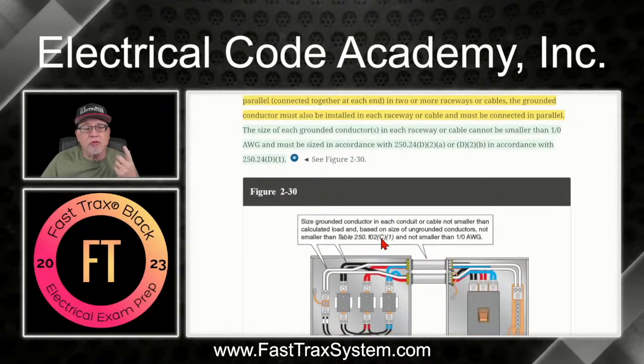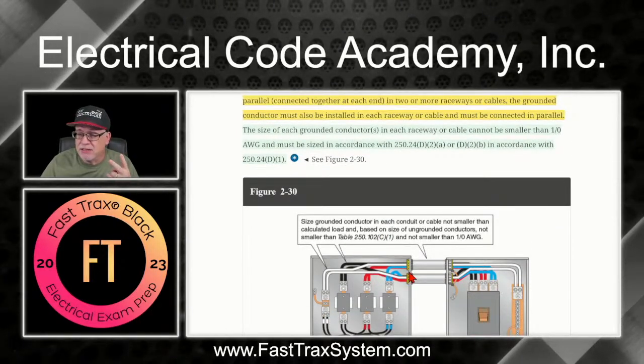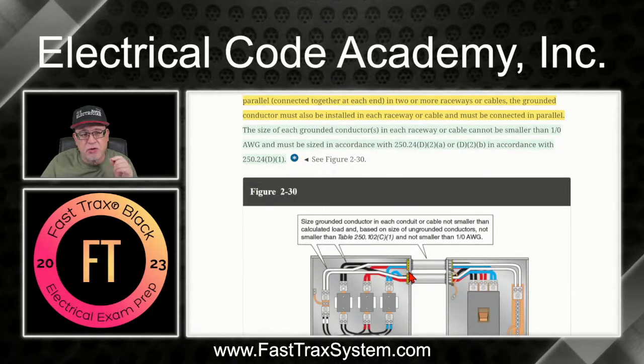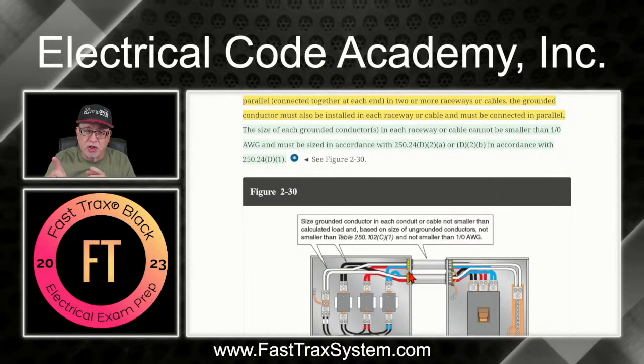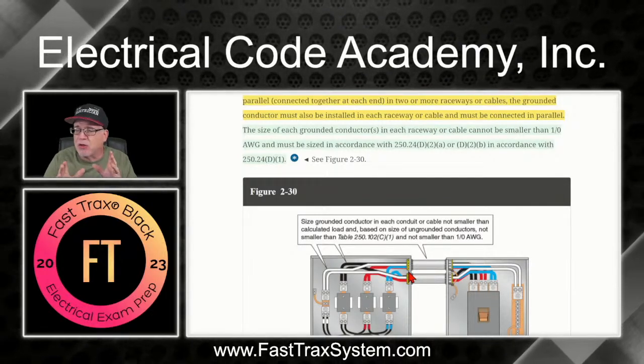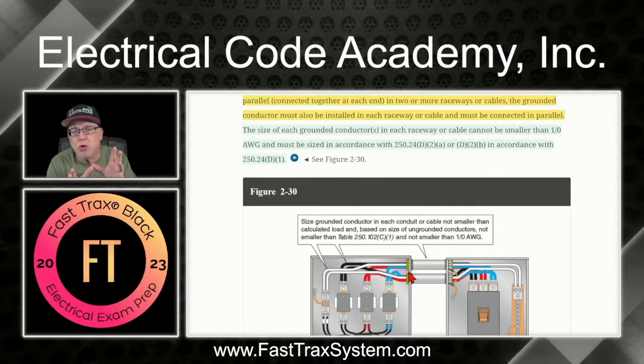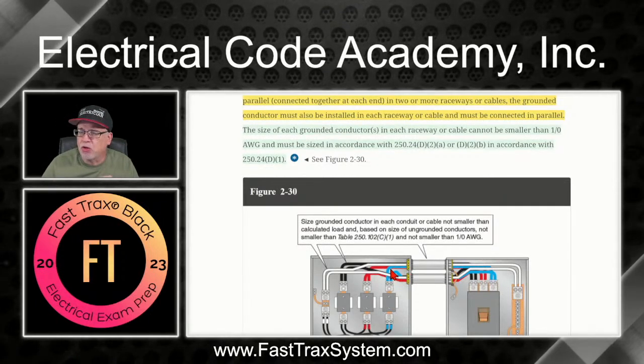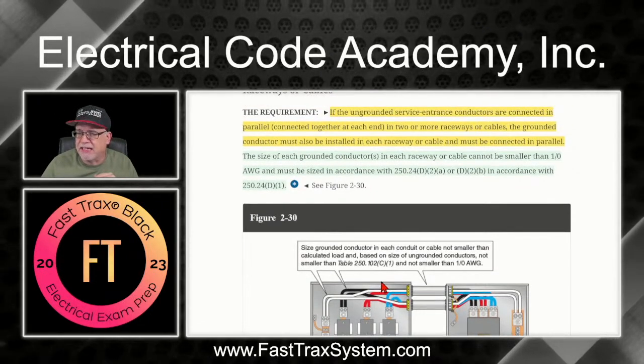Now, it also reminds us that it has to be in parallel. That is 310.10, which is going to give us those rules depending on which edition of the code you're in, whether it's (G) for the 2023 or (H) in previous cycles. Those are your paralleling rules, and we have to follow all those rules. In this case, it's all paralleled nicely.